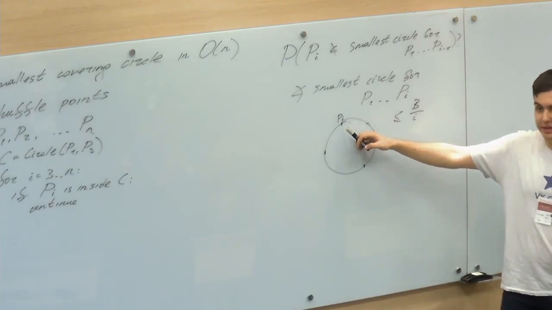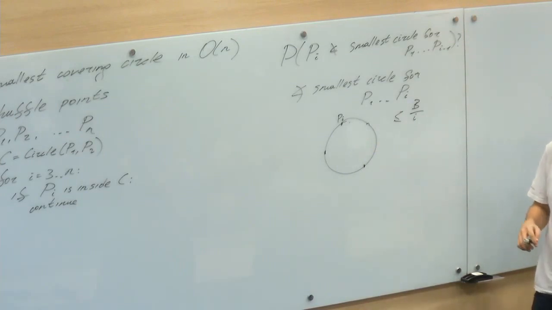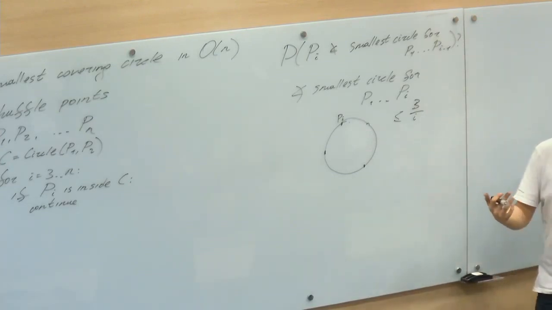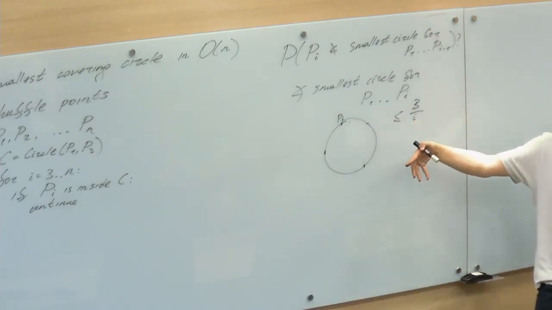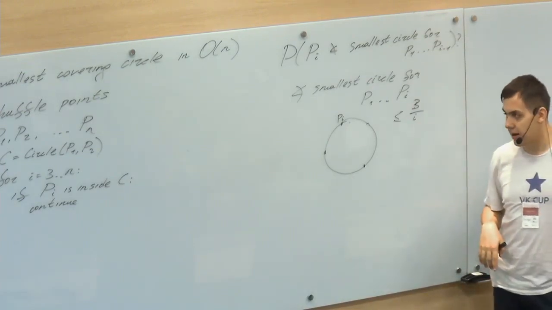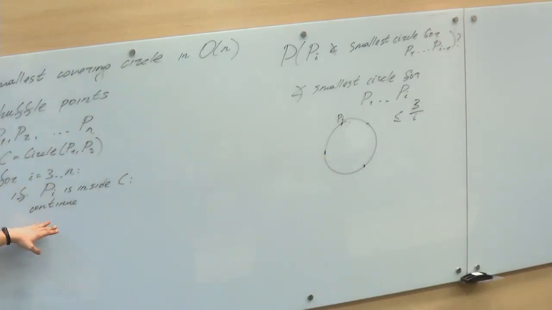So the probability that this is one of these 3 points that form the smallest circle is the same as if we've chosen 3 random indices from 1 to i. What's the probability that i is among them? Well, it's less than or equal to 3 divided by i. Even less, since sometimes there are 2 points on the circle, but it doesn't matter. So we know that the probability that this if doesn't work is at most 3 divided by i.